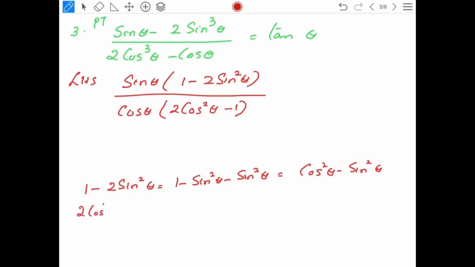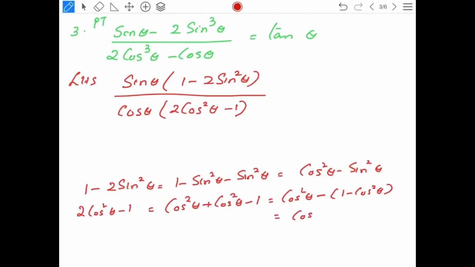And 2 cos square theta minus 1 can be written as cos square theta plus cos square theta minus 1, or cos square theta minus of 1 minus cos square theta. So this becomes cos square theta minus sin square theta.